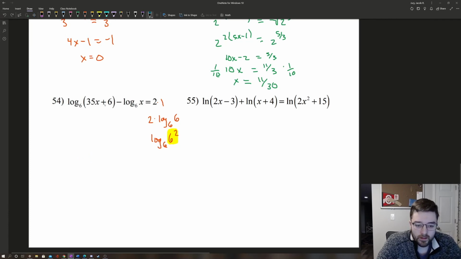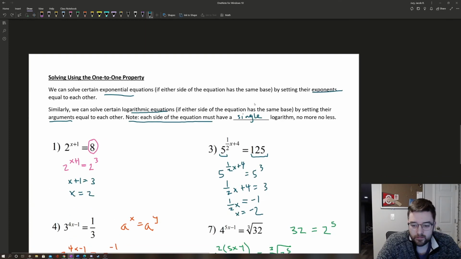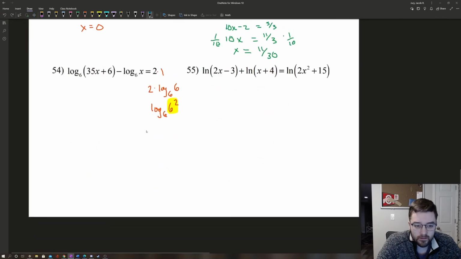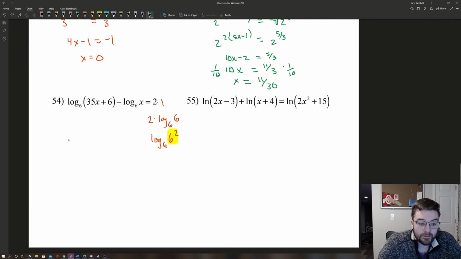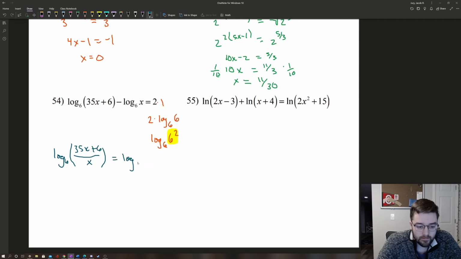I almost forgot the rule we had here. We have to have a single logarithm on one side. So, glad I caught that. So we actually need to have 35x plus 6 divided by x on one side equals log base 6 of 6 squared.